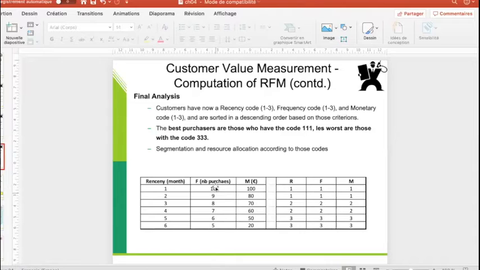I have ranked them in descending order, so I have the most frequent customers in the upper part of the database and the least frequent customers in the lower part. And I assign again a score: 1 for the most frequent customers, 2 for the medium frequent customers, and 3 for the least frequent customers. And now I have 2 new variables, recency and frequency, based on a score between 1 and 3.